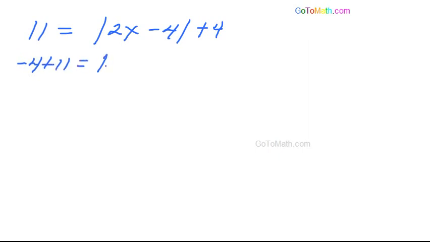11 is equal to the absolute value of 2x minus 4 plus 4. Right. So let's go ahead and first get this 4 over to the other side. Now you notice this is what you got to really be careful about.